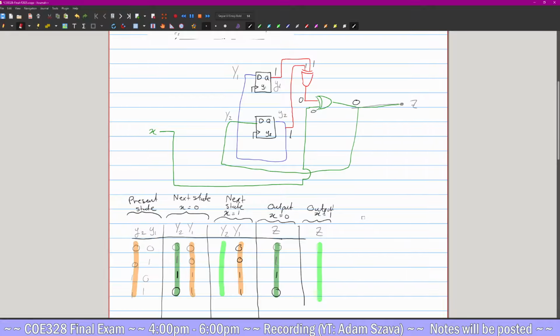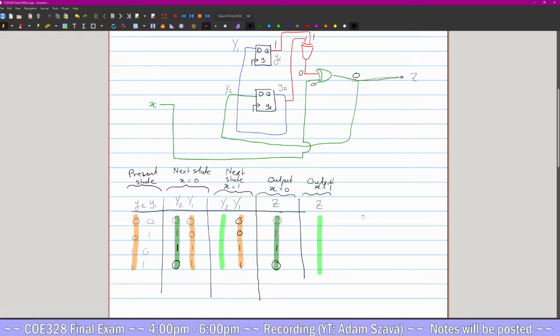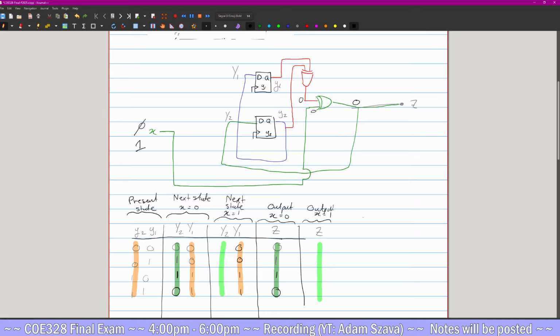The very last thing to do is to consider the same circuit now, but with this x, instead of it being 0, now being 1. So we have to fill in this light green column. The two light green columns are the same. We do the same thing. We do 0, 0, 0, 0. This will be a 0, but this will be a 1 now.